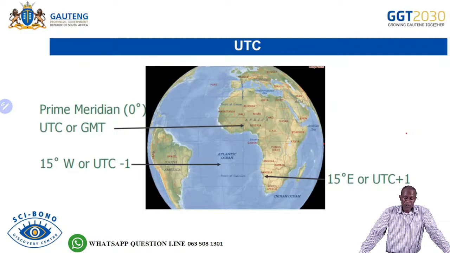The same applies when you move from the 0 degrees longitude, which is your UTC, eastwards. When you move from the 0 degrees to the next line of longitude, you shall have moved 15 degrees east, and you'll be at the line of longitude plus 1.